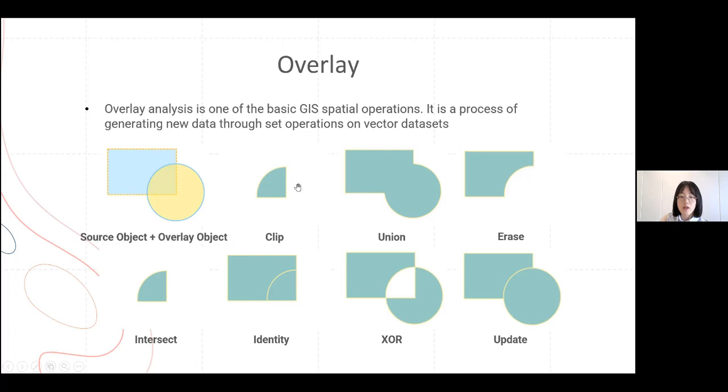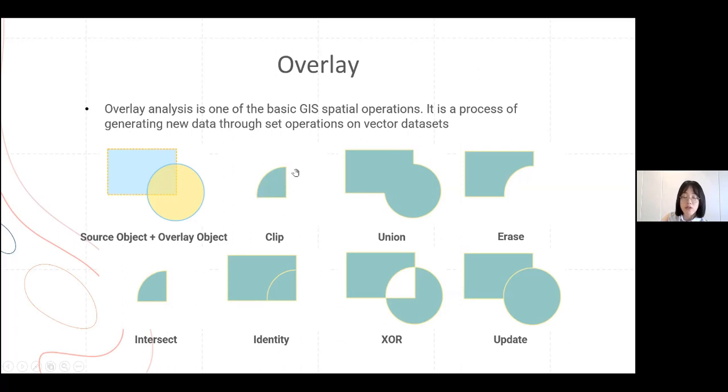So here, the results of clip and intersect look very similar, but actually there is a difference between them. If we use intersect, we can update both the shape and attribute field of this intersected area at the same time.